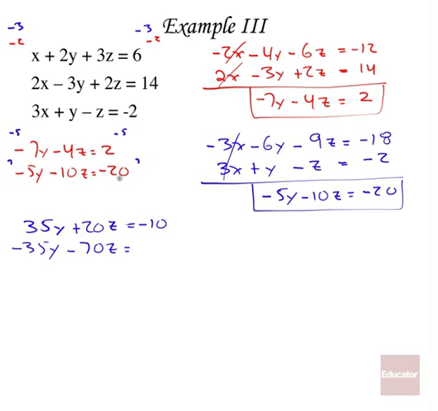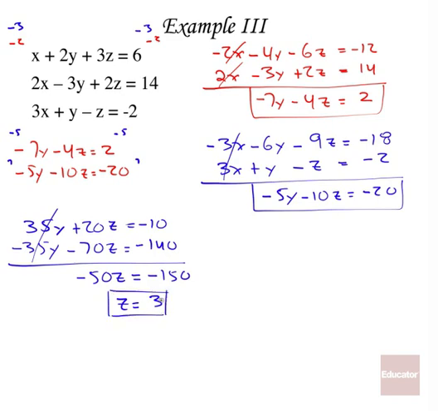And 7 times a negative 20 is negative 140. So now, when we solve this, the y's go away, and we get plus 20z minus 70z for a total of minus 50z equals minus 10 minus 140, minus 150. That means z is equal to 3.